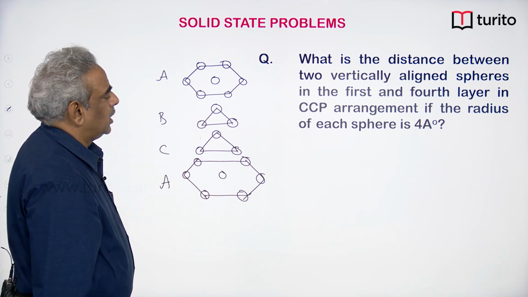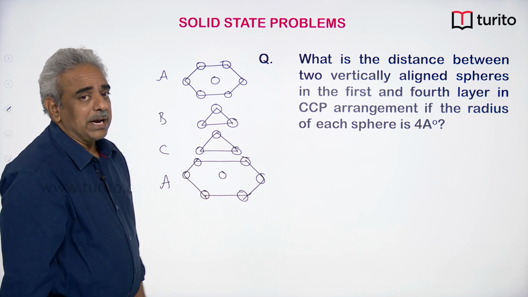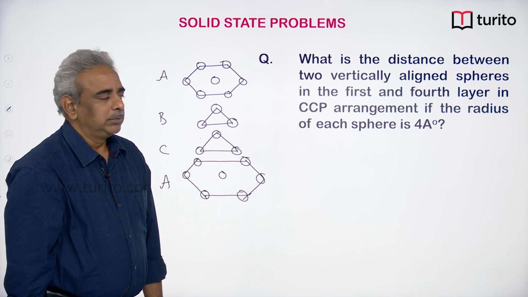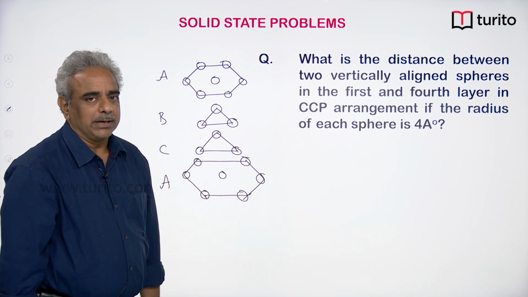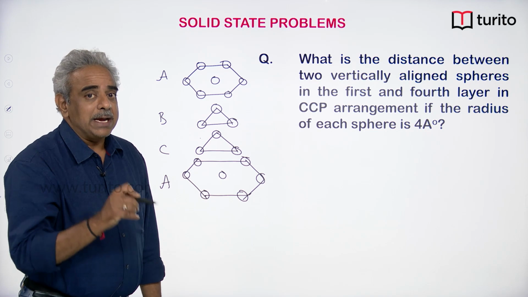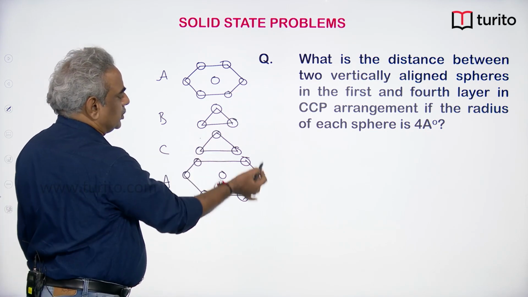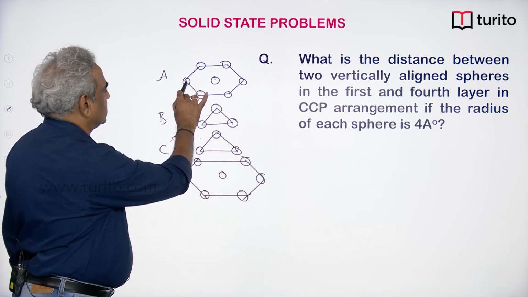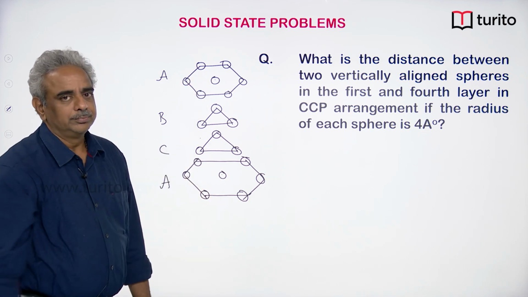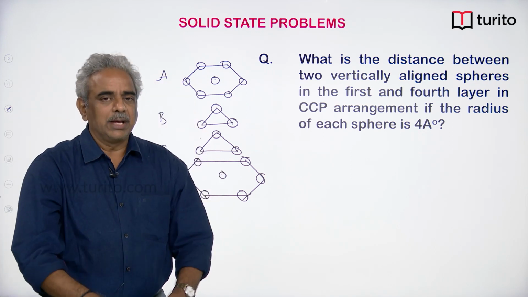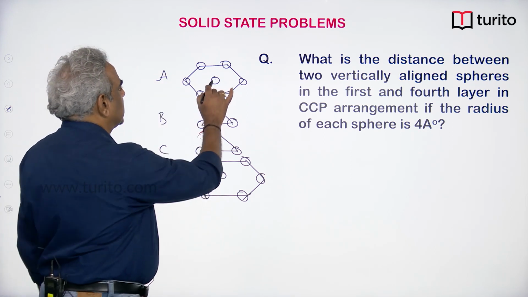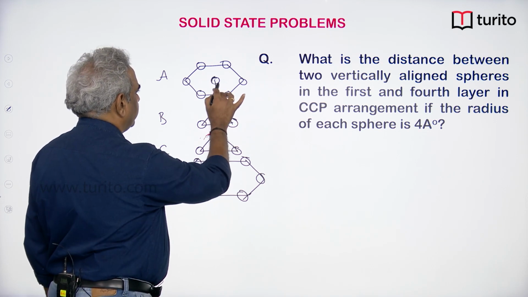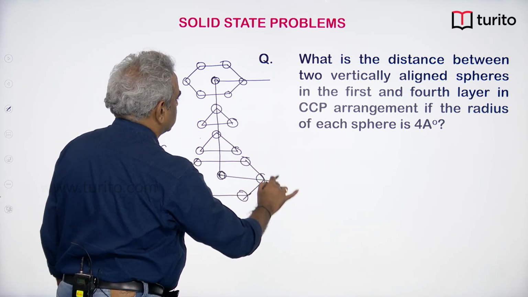He is asking about two vertically aligned spheres in the first and fourth layer, meaning this layer and this layer. You select vertically aligned spheres, so this is aligned to this, or the middle one is aligned to this. All the heights are the same from one layer to the other. So, he is asking this distance. So, this height is asked.